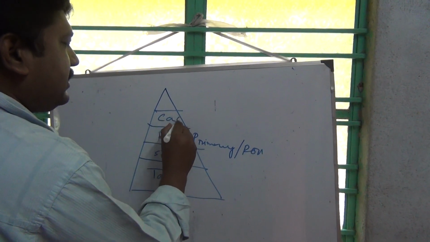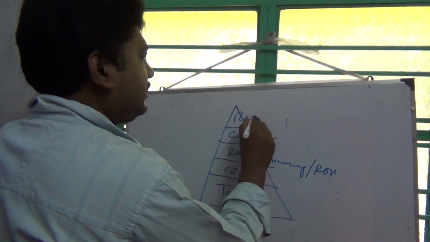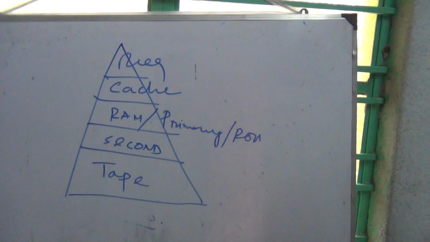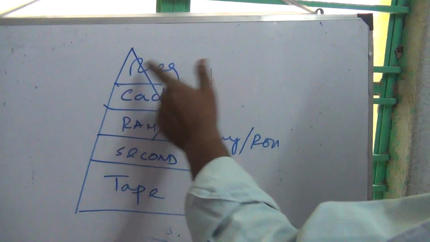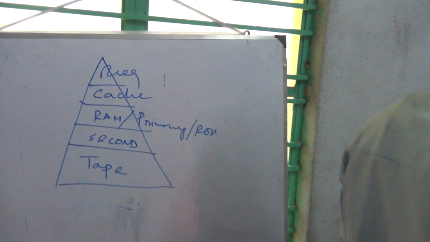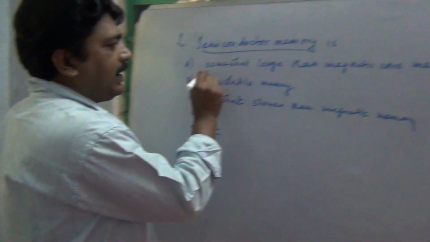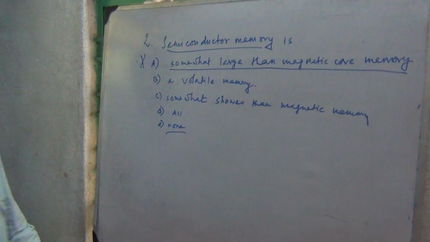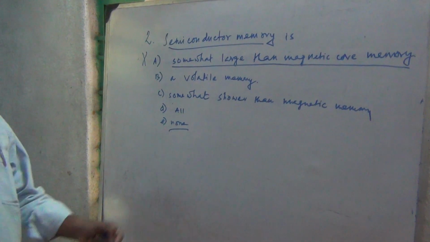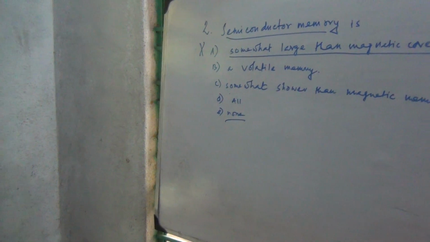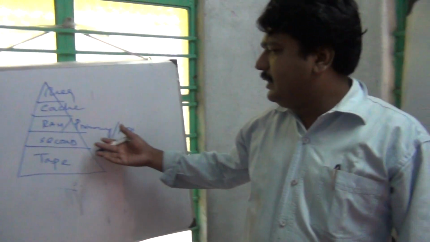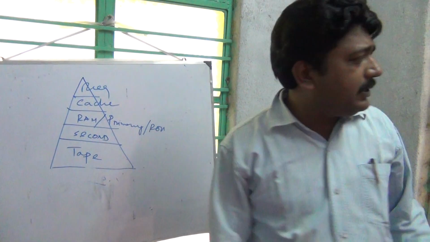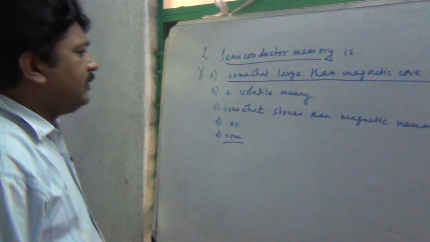Here is cache and here is register. Semiconductor memory is obviously the register type of memory. So semiconductor memory cannot be larger than the magnetic memory. It is incorrect, because the largest is the tape, as I have told in this hierarchy, so it cannot be larger.